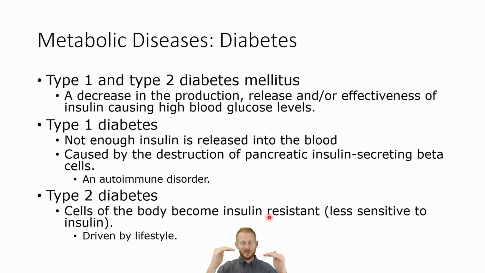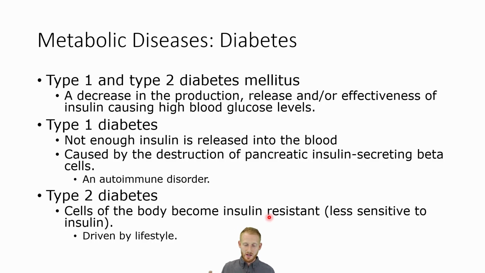The person with diabetes is going to have high blood glucose, whereas the person that doesn't have diabetes will have blood glucose in the normal range. Even though they have the same amount of insulin in the body, the type 2 diabetic is going to have insulin resistance, and that's going to decrease how much of the glucose gets pulled out of the blood and into the cells with a given amount of insulin.